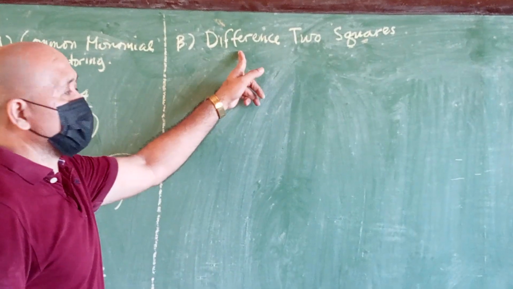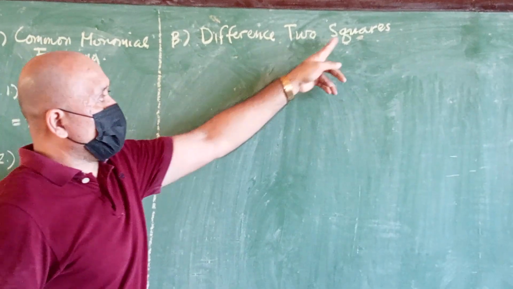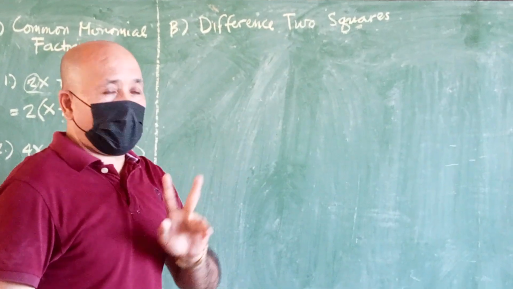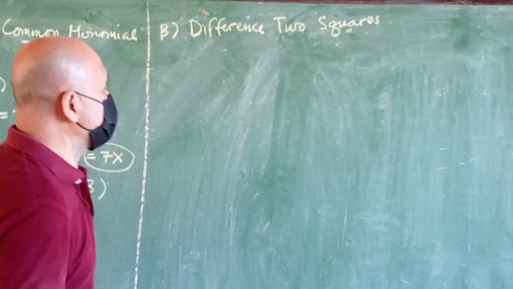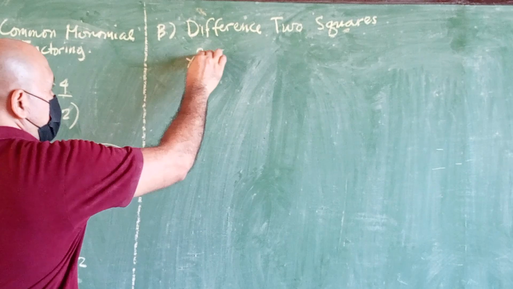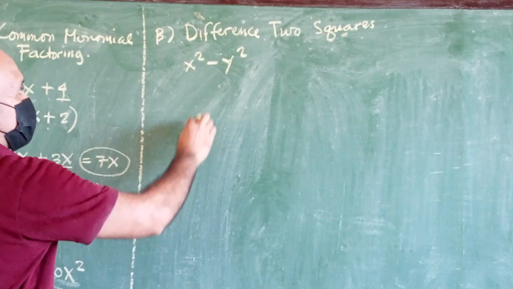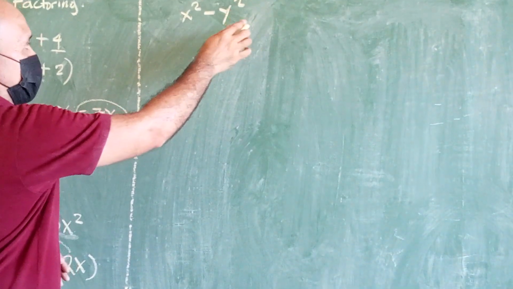So difference because the operation is minus, two squares because there are two perfect square expressions and or numbers involved here. Basically, for example, you have x squared minus y squared. So this is the illustration of difference of two squares.